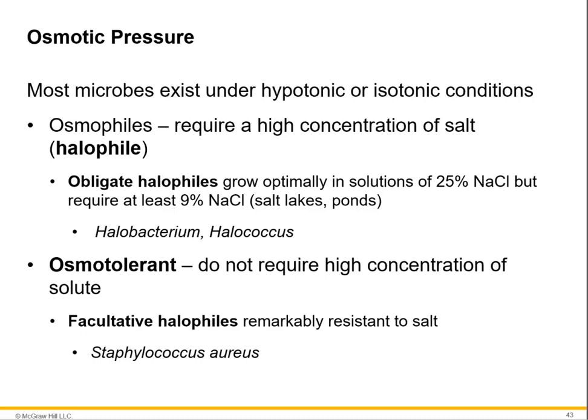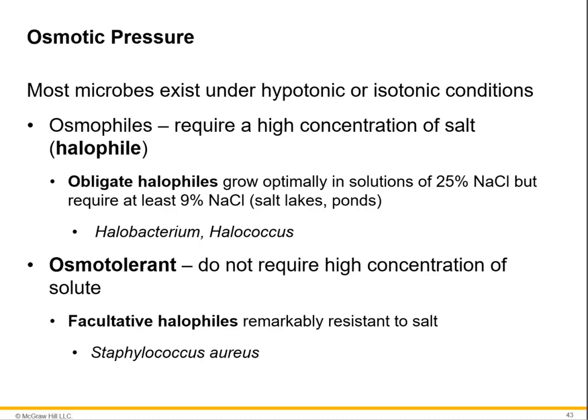You have obligate halophiles, which are going to grow optimally in solutions of 25% sodium chloride, but they're going to require at least 9% sodium chloride, and this is going to be environments like salt lakes and ponds. You have osmotolerant microbes. These guys do not require a high concentration of solute. For example, facultative halophiles. These guys are remarkably resistant to salt, and one that we'll use in this course is going to be Staphylococcus aureus.